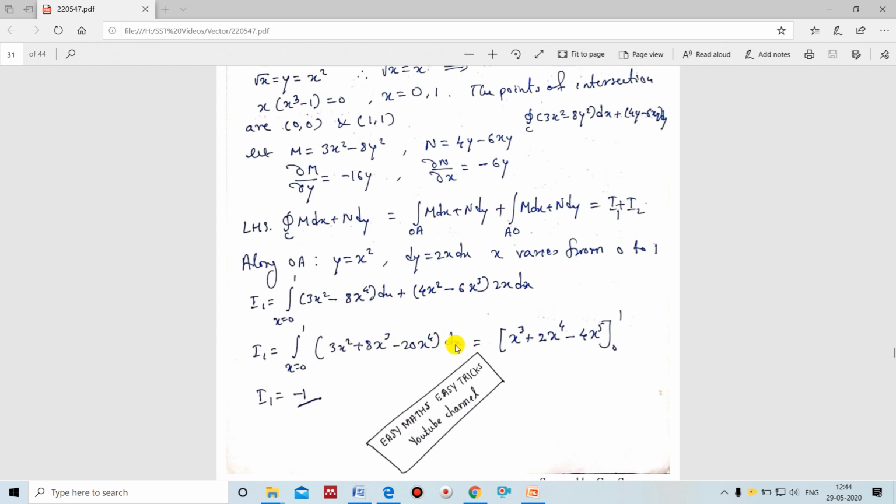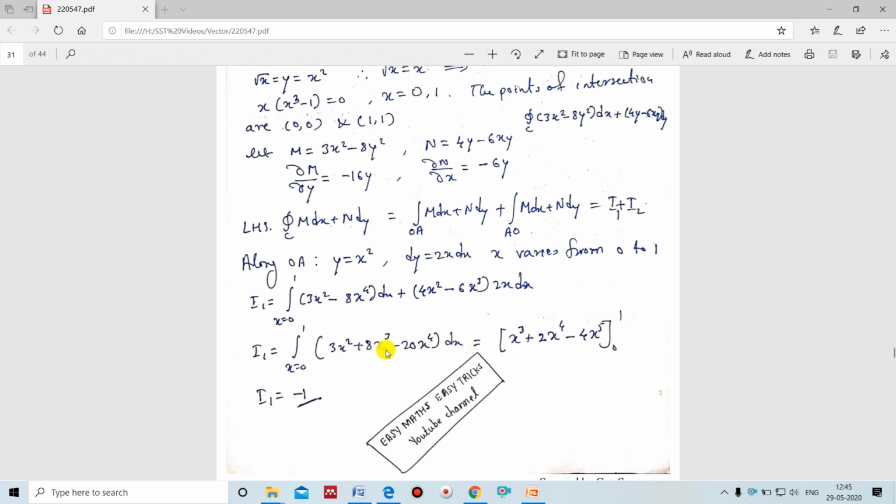Then integrate with respect to x. Multiplying the x raised to 4 terms, we get 8x cube, and minus 8 minus 12 will be minus 20. Now integrate with respect to x. 3 as it is, and x square integrates to x cube by 3; the 3 cancels, giving x cube.